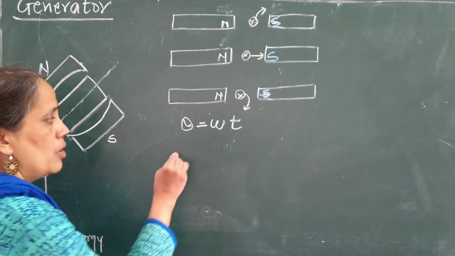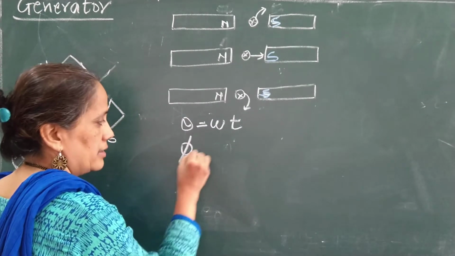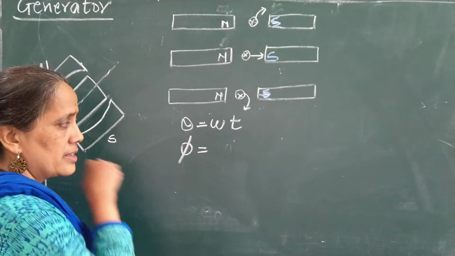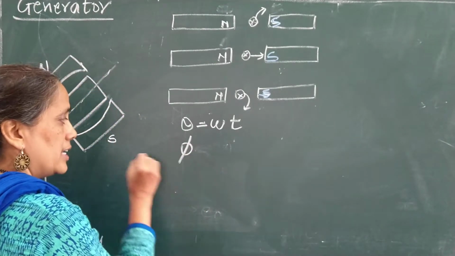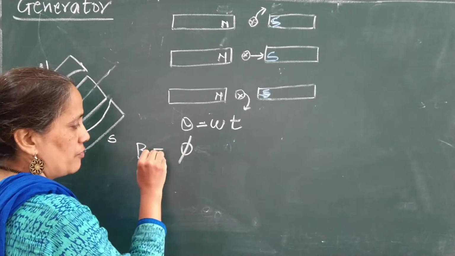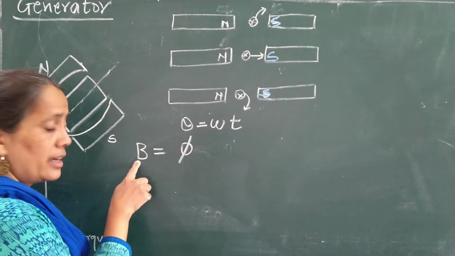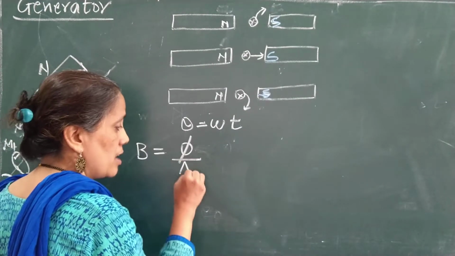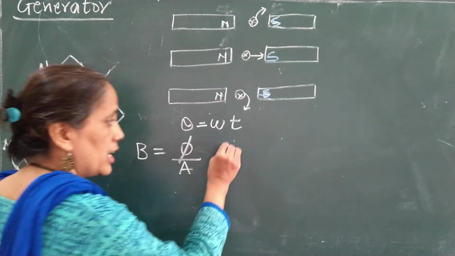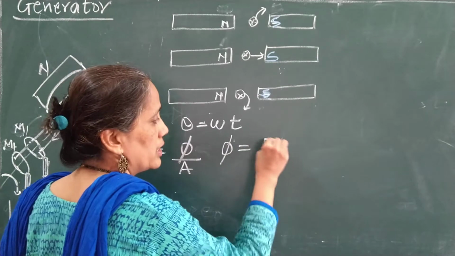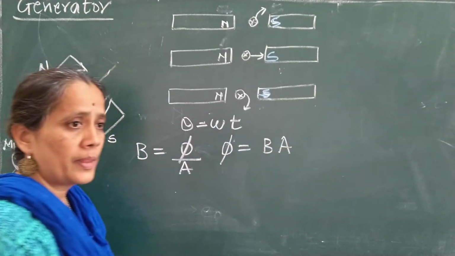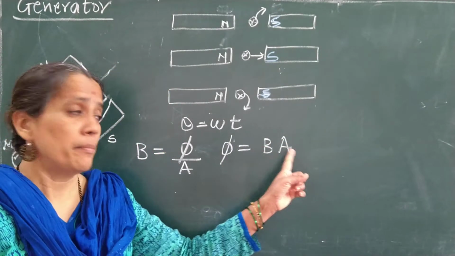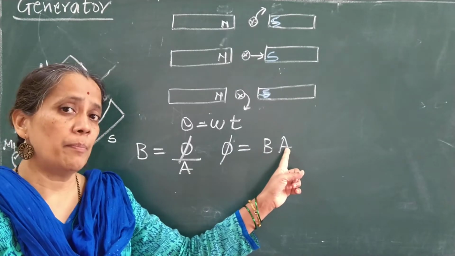Clear? Now what I can say is that your phi, the magnetic flux, can be written as follows. Yesterday we have seen that magnetic flux is written in the form of magnetic field times area. Therefore, phi is equal to BA, provided that the magnetic field and area vector are perpendicular.